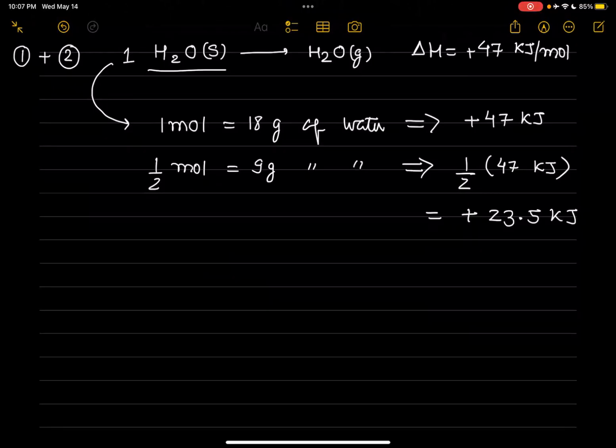So now let's move on to enthalpy of formation, or standard enthalpy of formation. I should write standard everywhere.